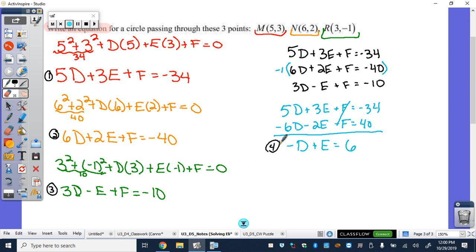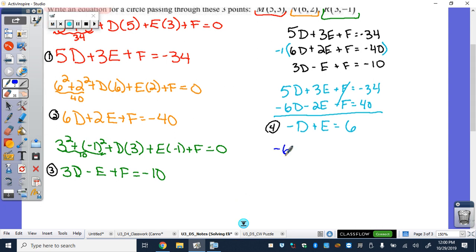So I'm probably still going to multiply my second one times the negative 1, but then I'll just add it to my third one this time. So then my second equation times negative 1 still is negative 6d minus 2e minus f equals 40.